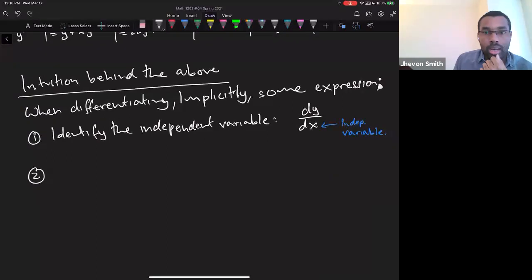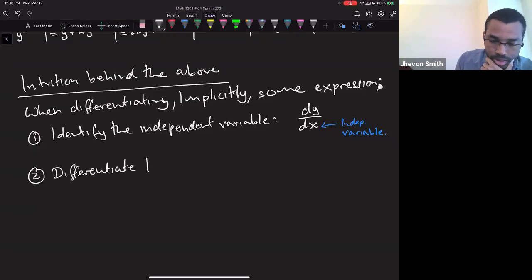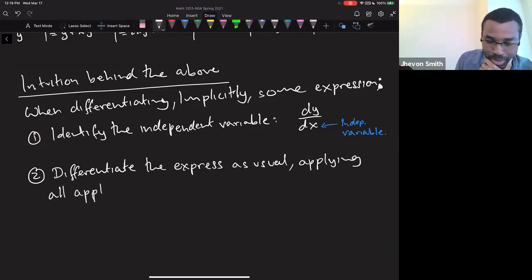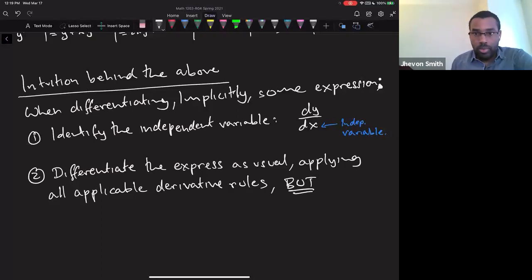Secondly, you would differentiate the expression as usual, applying all applicable derivative rules, but with one difference.